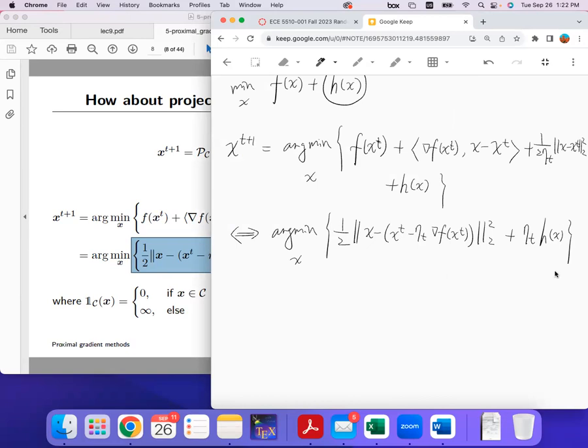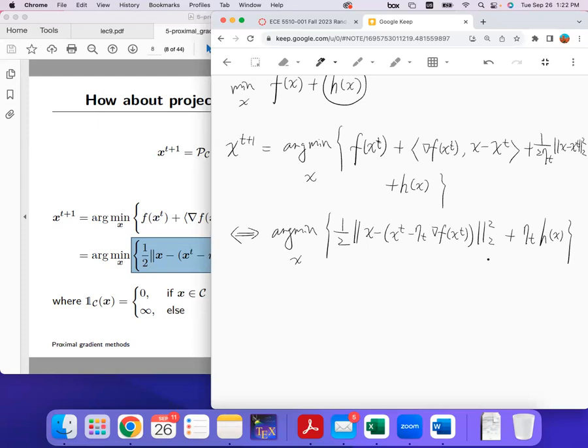You can show that these two are equivalent. You multiply everything by eta t so that you have this eta t in front of H. And then for the rest of the terms, you complete that square term, and it will become this term.